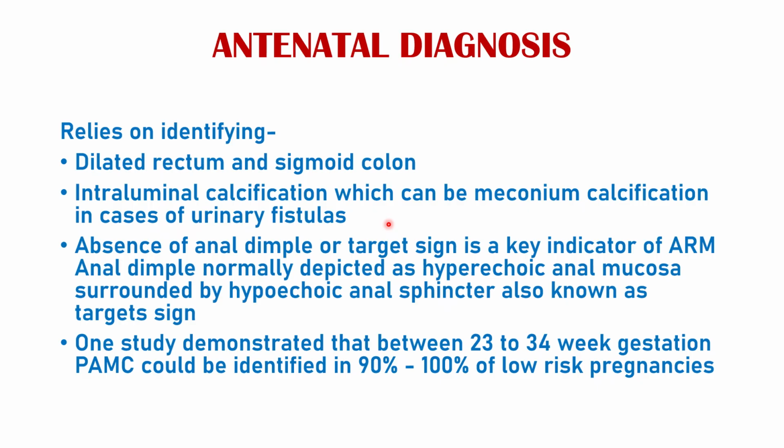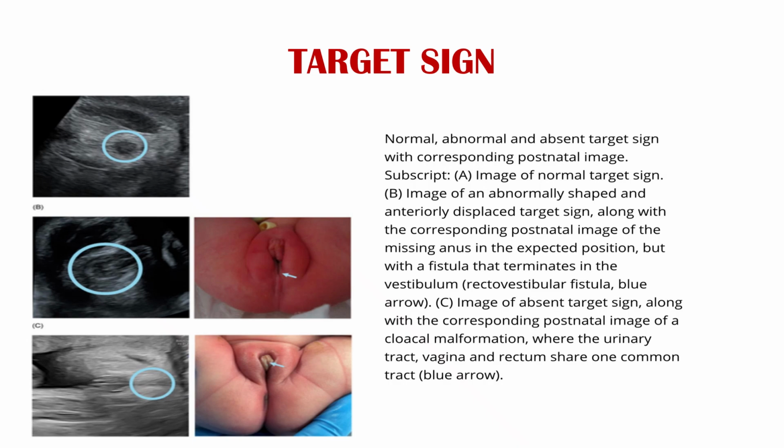The anal dimple is normally depicted as hyperechoic anal mucosa surrounded by hypoechoic anal sphincter, also known as the target sign. One study demonstrated that between 23 to 34 weeks gestation, the PAMC could be identified in 90 to 100% of low-risk pregnancies.